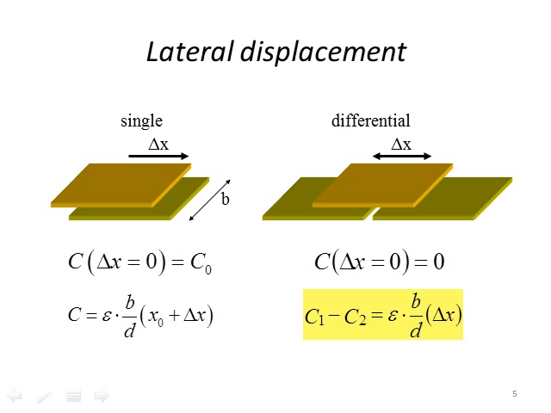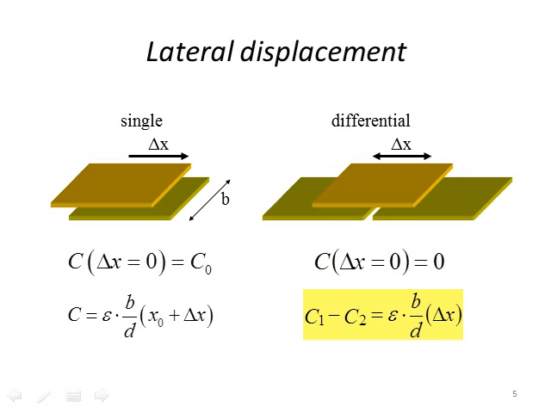Lateral displacement is one of the plates is moving in the lateral direction, delta x, and the corresponding capacitance changes, and you see on the equation under the figure on the left. And then we also have a differential lateral displacement capacitive sensor where the overlap between the two plates is changing now with respect to delta x.